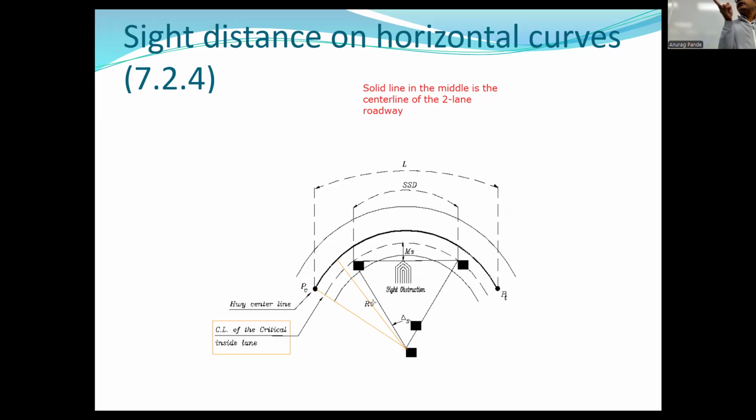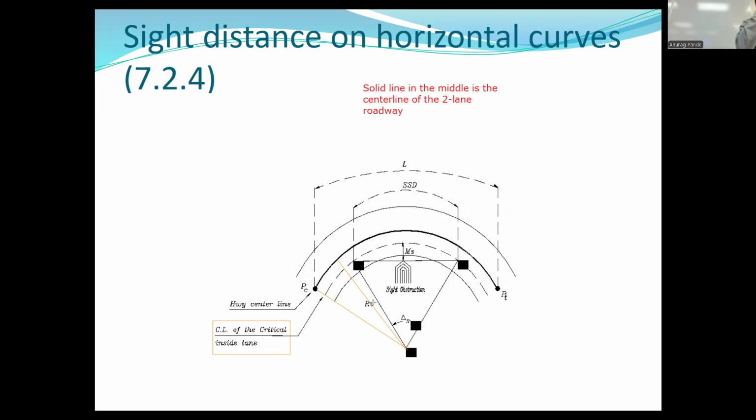So there are actually two curves involved. One is the main highway curve that starts at PC and ends at PT. But then you can think of a critical curve, the curve that's most important for us to analyze from a sight distance perspective.